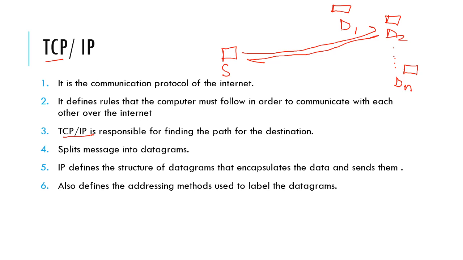They both are responsible. Whatever message you have sent, as I mentioned, it will be broken down into packets or datagrams. So P1, P2, P3, and so on to PN will be sent there and reassembled at D2, so that they make sense of what is P1 to PN.